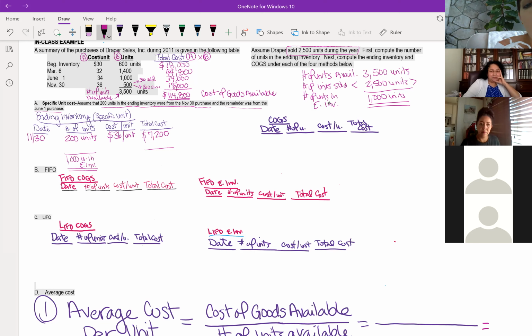So June 1st is the other layer that these units came from. And from that June 1st layer, how many units do we need and how many units were sold? 800 were left over and 200 were sold. So 800 in ending inventory, 200 were sold.